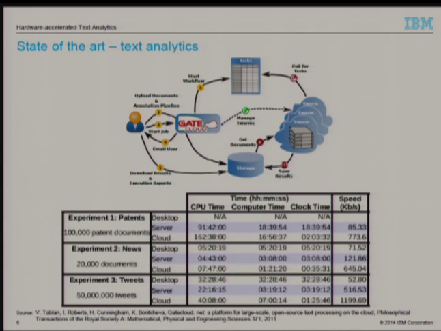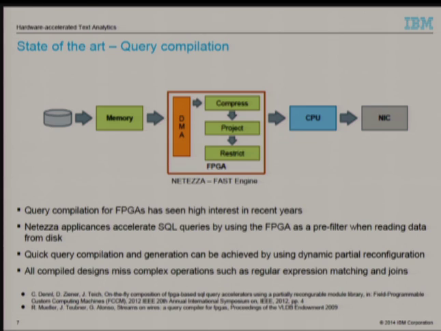On the other hand, another application that came up in this time was query compilation. So that people would compile a query to an FPGA, and the FPGA would maybe pre-filter certain data that you would read in from a disk or from a network stream.